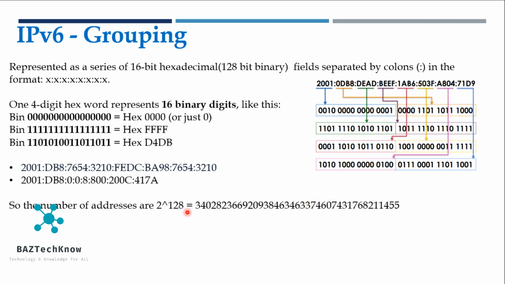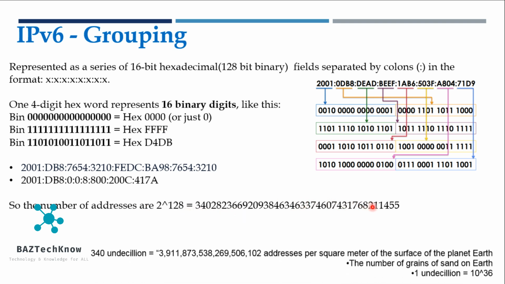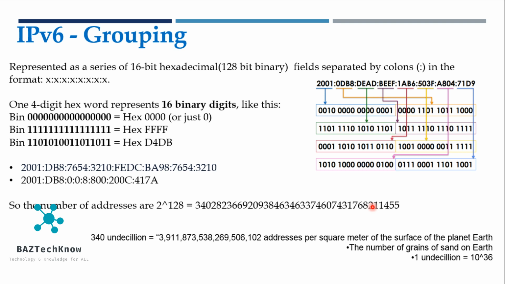I hope nobody can read this number as of now. But if I compare with an analogy, then you can get to know how big this number is. For example, this is 340 undecillion, and one undecillion is like 1 with 36 zeros.